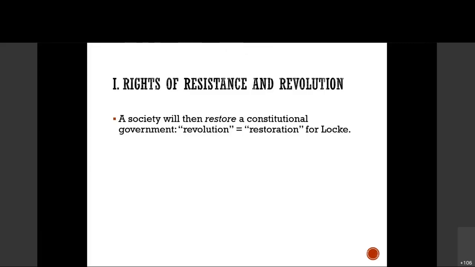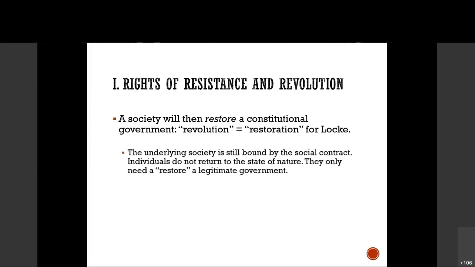Revolution doesn't have this kind of 20th century, 21st century meaning of creating something new. It's just the opposite for Locke. Revolution literally means revolving back to a prior satisfactory state after that satisfactory state has become unsatisfactory. So it's literally a kind of circular metaphor. You revolve back.